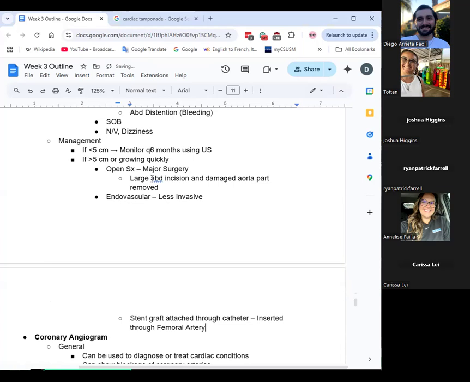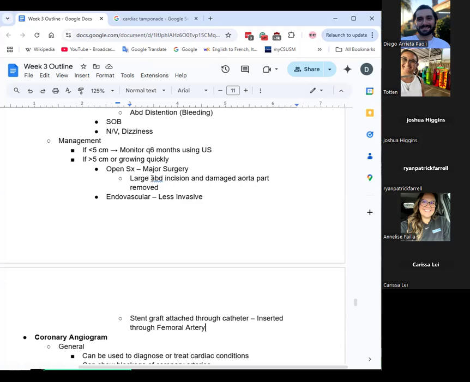I'm sure it differs between doctors, but we'll go with if it's less than 5 centimeters, monitor every 6 months using ultrasound, and educate the patient on signs and symptoms of when to go to the doctor. If it's 5 centimeters or more, or it's growing quickly, then some things can be done to fix it, maybe if they're ruptured.